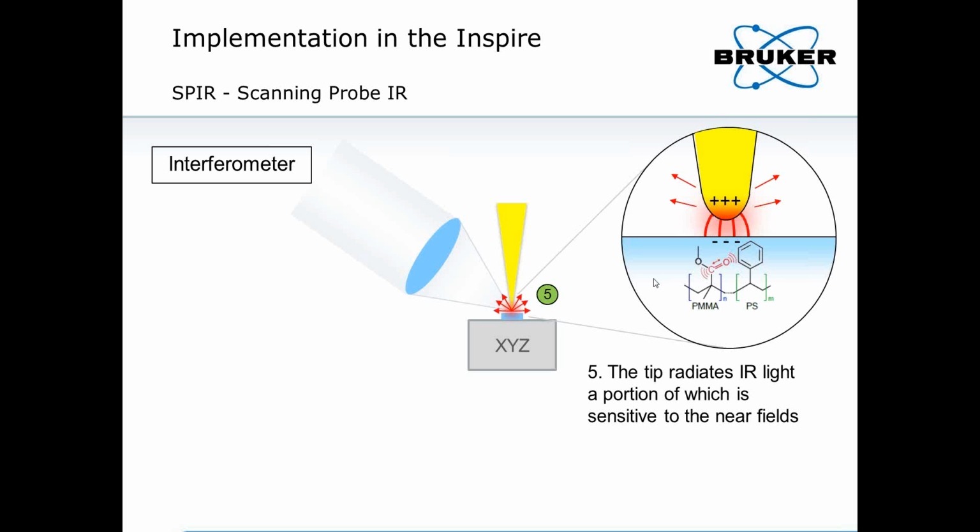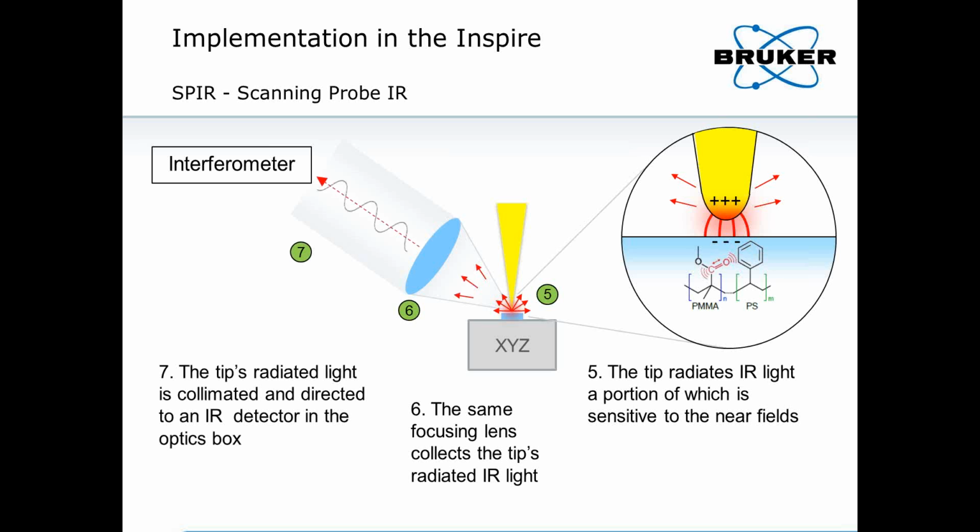This infrared light is at the same frequency as the infrared laser frequency. This light is collected by the lens, and it's brought back into the interferometer. We detect the amplitude and phase of this light using interferometric detection, and we summarize how that works on this next slide.